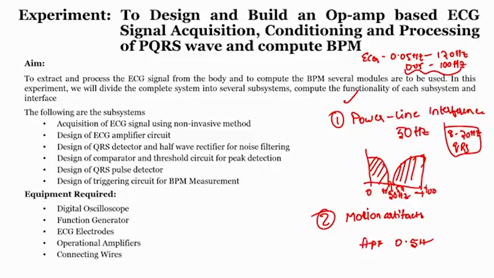But if I want to design such a filter with proper filtering at the proper cutoff frequency, we require a higher roll off factor. If you want to get a higher roll off factor, single first order filters cannot be used; either we have to go with a second order or third order filter.